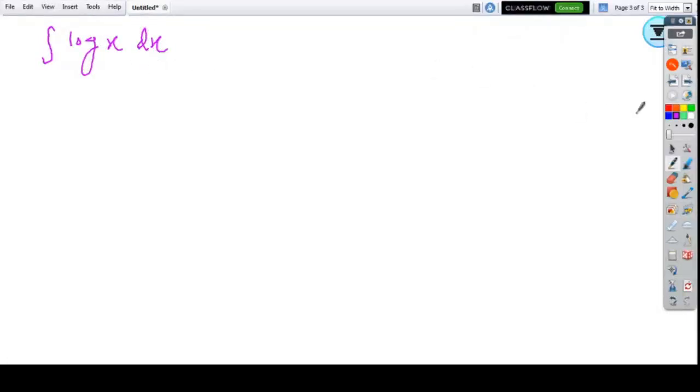I know the LIPET rule: logarithmic, inverse, polynomial, exponential, trigonometric. With this I know that the logarithmic will be u. So whatever is left I am going to consider as dv.